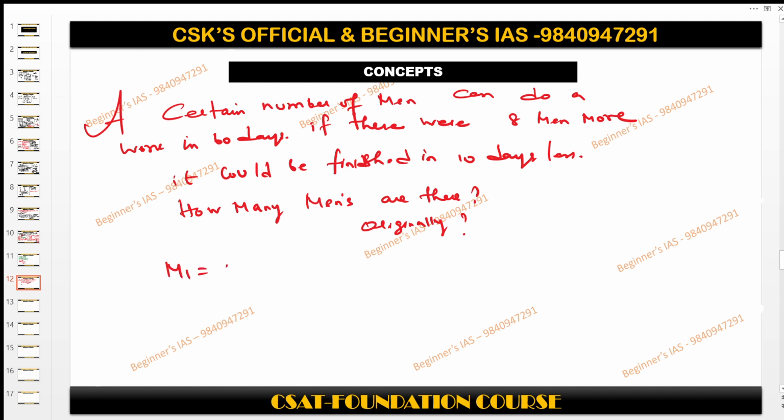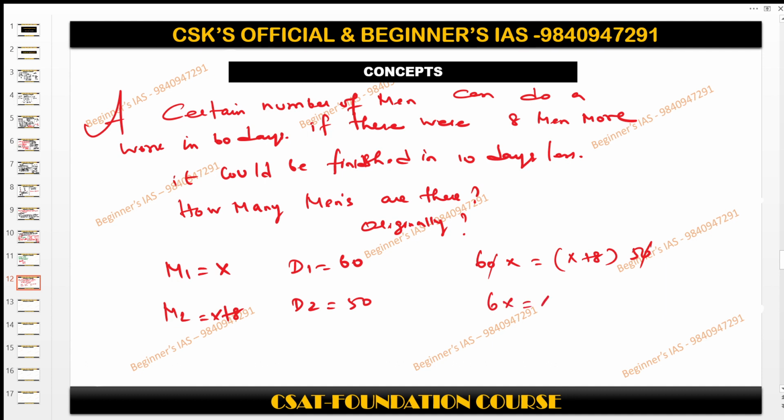So what is M1? M1 is equal to X. D1 is equal to 60. So M2 is equal to X plus 8. 10 days reduced, so therefore D2 is 50. After knowing this, using the M1 D1 concept, you can write 60X is equal to (X plus 8) times 50. Here 10 cancelled, then 6X is equal to 5 times (X plus 8).